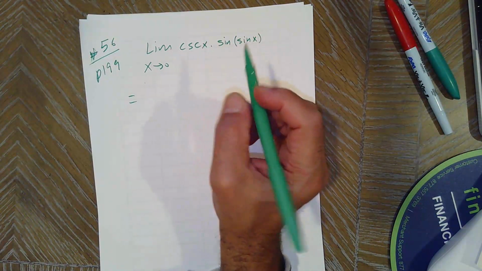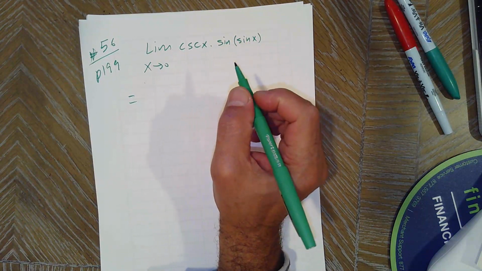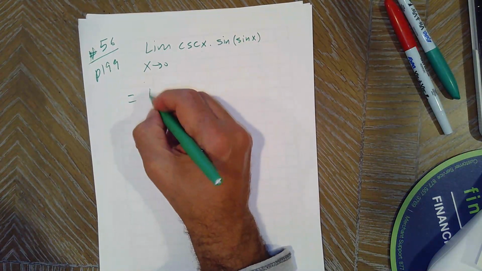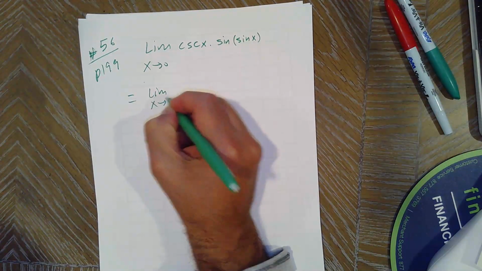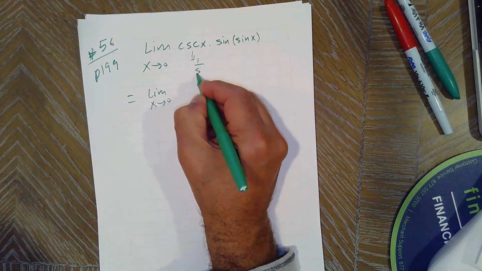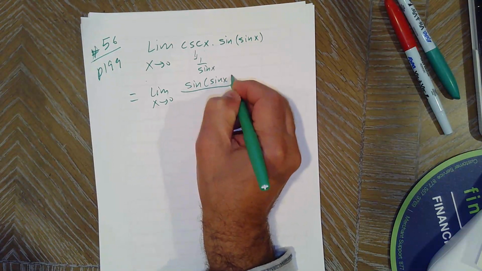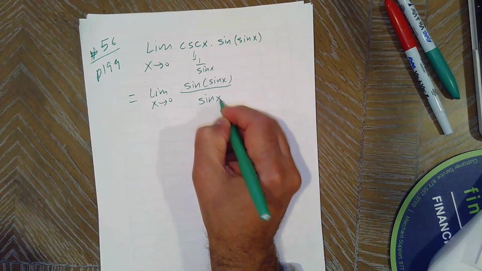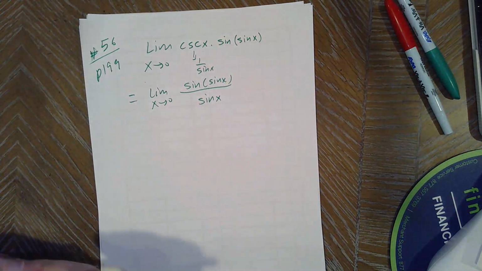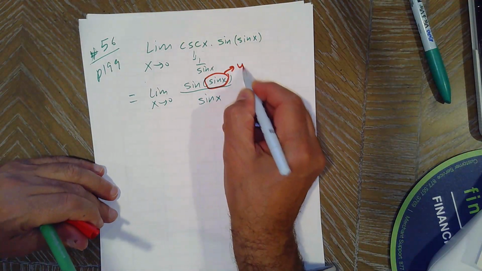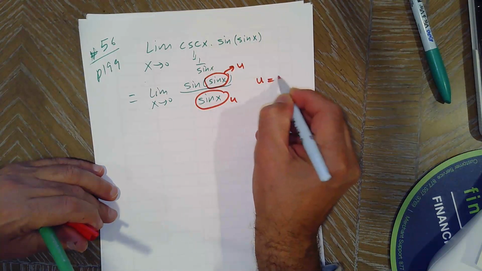Okay, so basically we can write this as cosecant, which is 1 over sine. So we would have sine of sine x over sine x, which looks like the rule that we're talking about, sine of u over u, if u equals sine x.